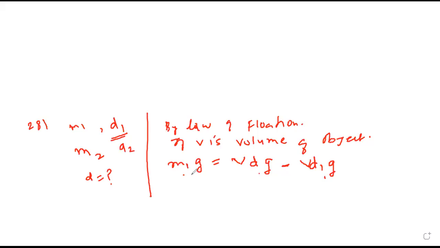So weight in liquid is nothing but apparent weight, which is actual weight minus upthrust, that is m1g. So m2g will be V into d g minus V into d2 g.